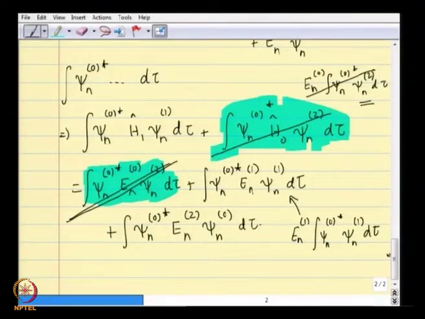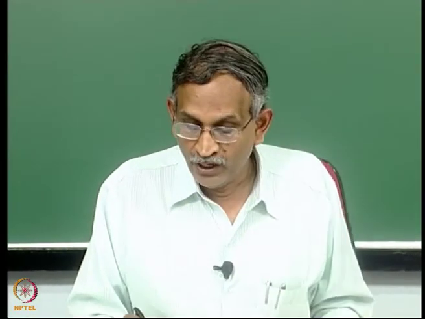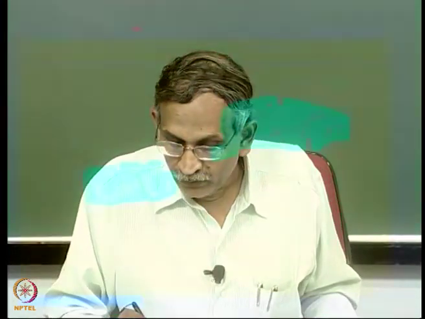Now, recall how we defined psi n1. We defined psi n1 such that it does not contain the psi n0. It has all the linear combinations of all the wave functions other than this term. Therefore, no matter what you do, how many terms you expand, this will be 0.